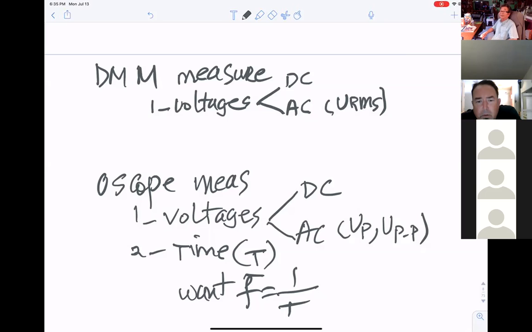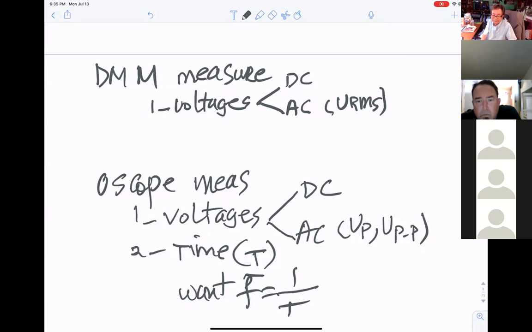I only want to make sure of what we're using an oscilloscope for. You can say we can use the scope to measure the DC voltage. We can use the scope to measure the AC voltage, but the voltage has to be V peak or V peak to peak. And you can also use the scope to measure the period, the time. Don't say you can use the scope to measure frequency.